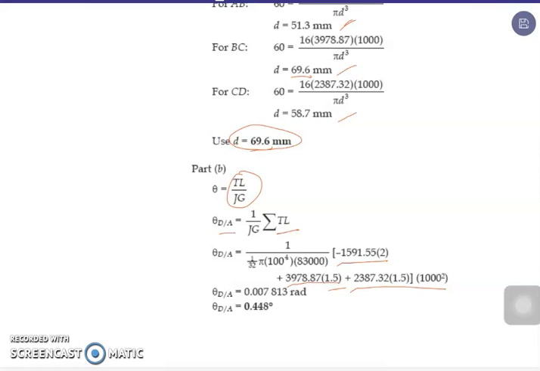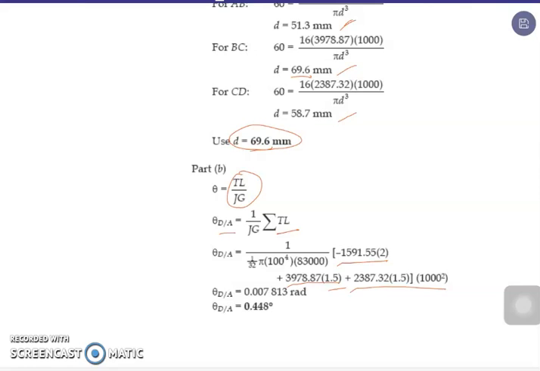Since that is in meters, we have to convert that to millimeters, so we multiply by 1000, and since torque is also in Newton meters, we multiply also by 1000, so we get here 1000 squared.